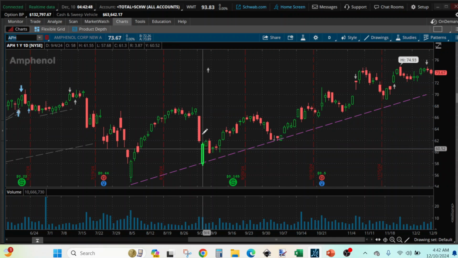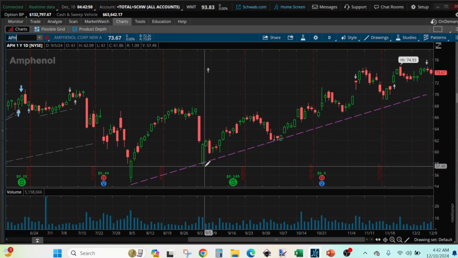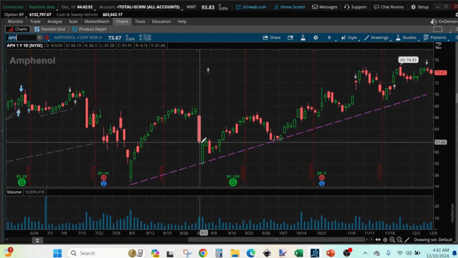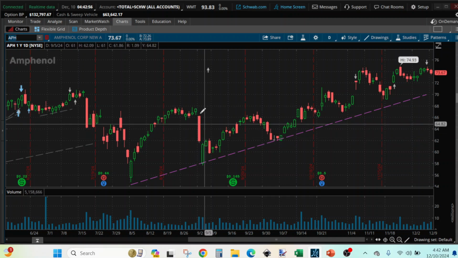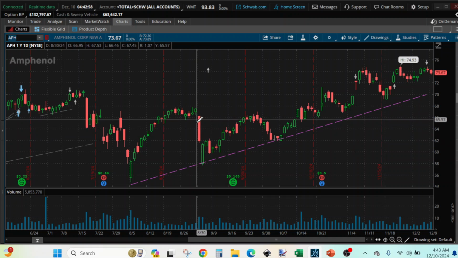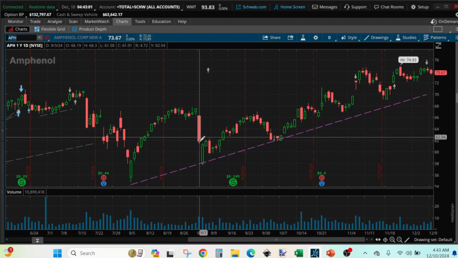is the daily fluctuation of the price. So every single bar is one day of price fluctuation. The red one signifies that it opened at that price. The Y axis is the price, the X axis is the date.